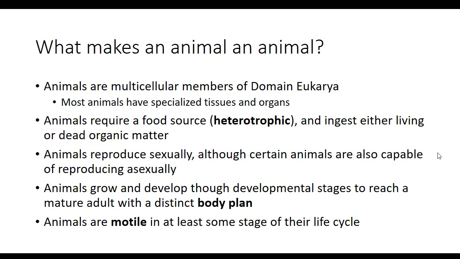I took that class, and it's just learning how animals develop from the fertilized egg all the way through adults. Animals are motile, which means they can move around on their own. Most animals are like that, not all. We'll see that sponges, again, are an example of animals that don't move around. They're just attached to the bottom of the ocean or to a rock, and they just stay there for their whole life.